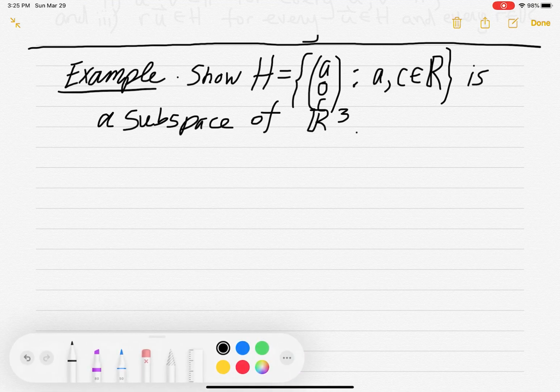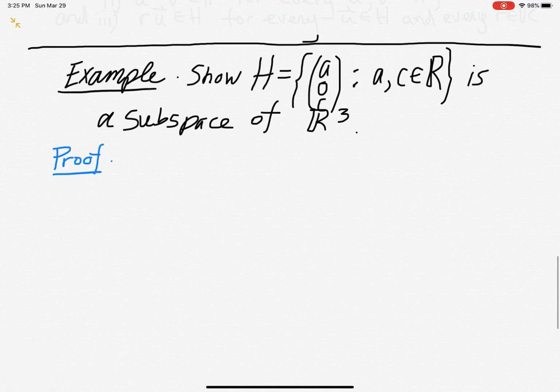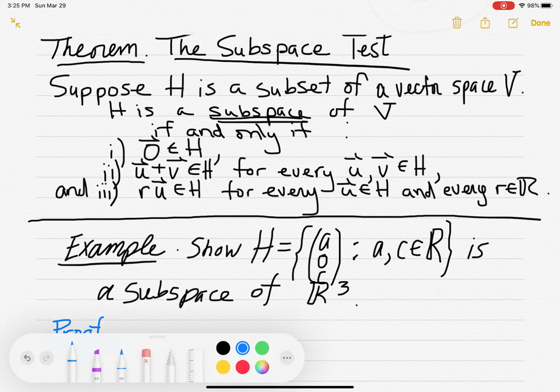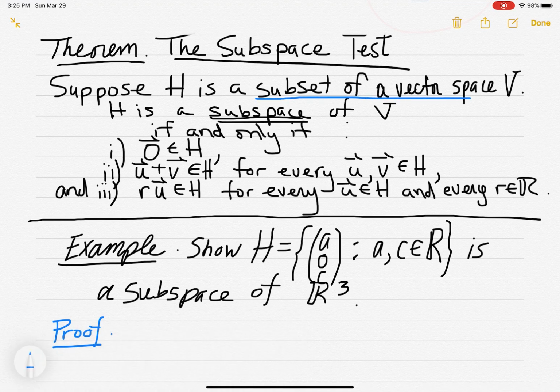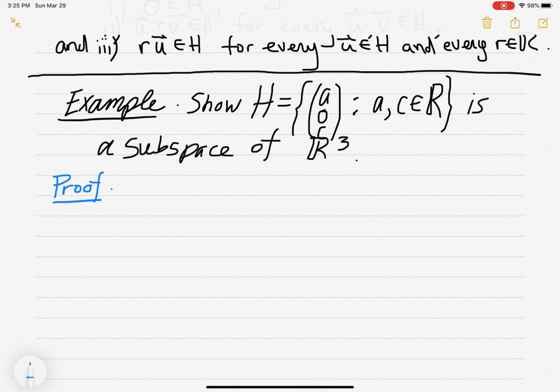So, proof. Here we go. We're going to prove this. The first thing you want to do when you're proving something is a subspace is declare that your set H is a subset of R3. It has to be a subset. That's what we want to do first. So we're going to note that H is a subset of R3.